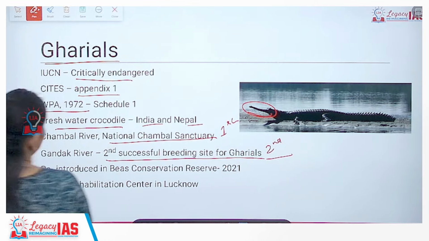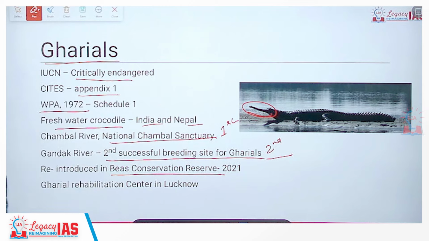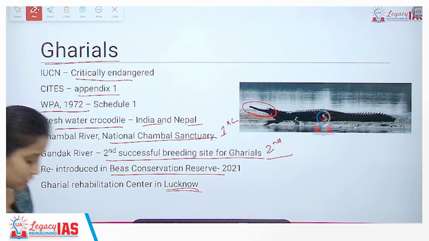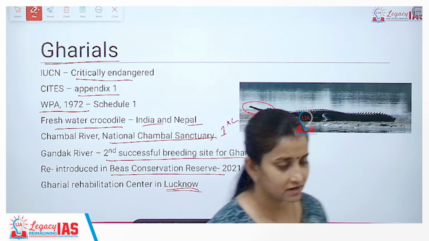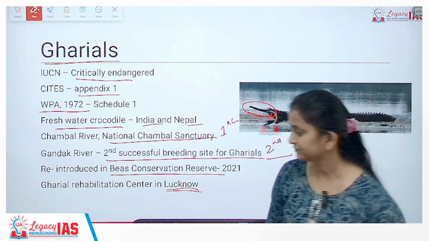Plus, they have also been reintroduced in Beas Conservation Reserve in Punjab. This was done in 2021. And we have a rehabilitation center for gharials in Lucknow. So we do have the presence of gharials in Chambal River, Gandak River, Beas River, and now in Gomti River also.